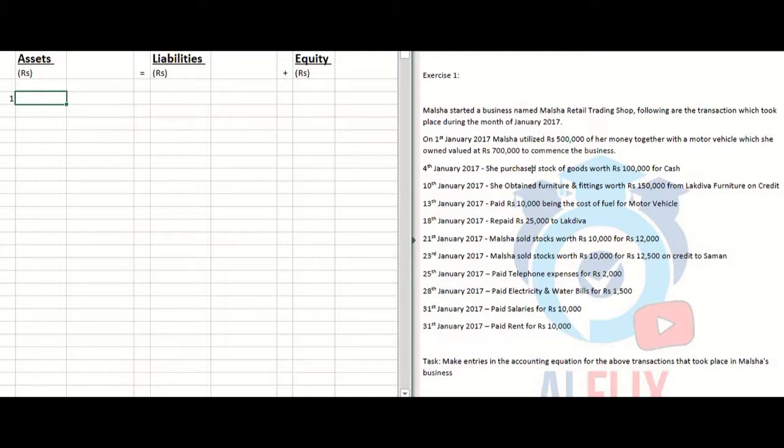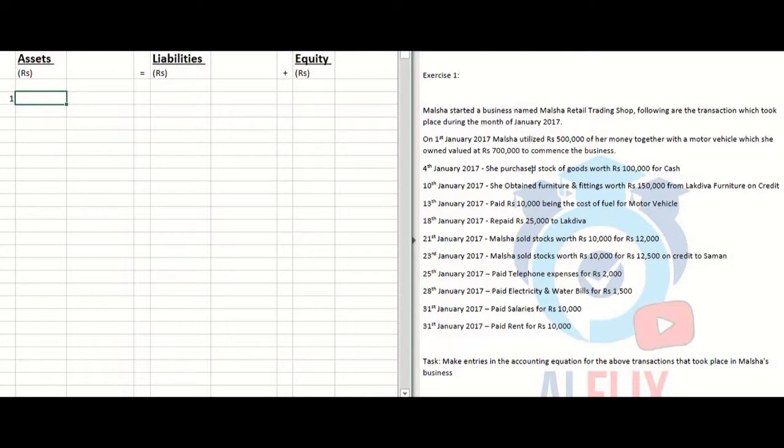So in this transaction, Malsha has utilized 500,000 rupees worth of money, also a motor vehicle which she owned worth Rs 700,000, as an investment to commence the business.